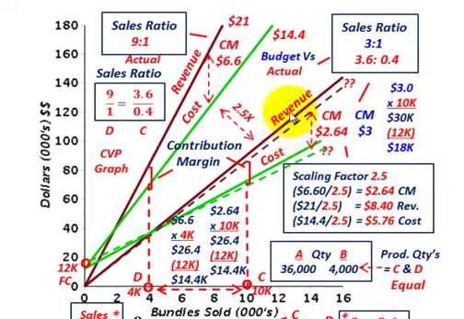So we can look at our comparison based on a bundle amount of 10,000 for both our budgeted amount and our actual amount. Okay, so let's look at it. For our budgeted amount, if we did the arithmetic, we would have had what? We would have had $3 in contribution margin on a per unit basis.